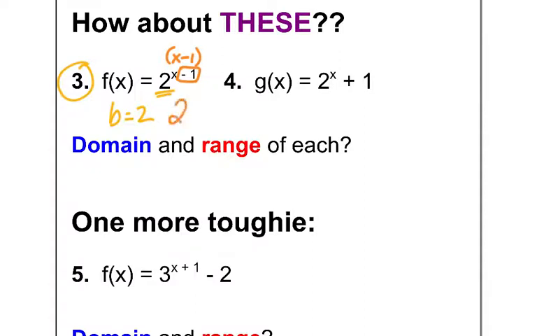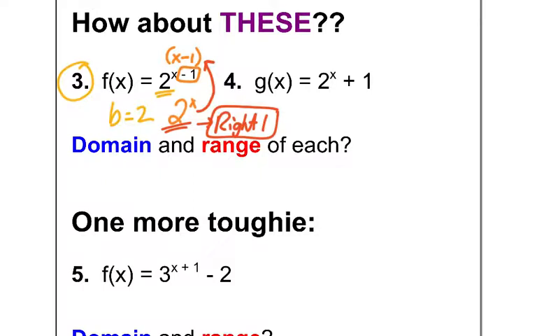If my original was 2 to the x, and now I have 2 to the x minus 1, that's a change along the x. And it's addition subtraction, so it's either a left or a right. Ooh, it's x minus 1. Can you figure it out? This is going to the right 1. So it's a 2 to the x graph that's moved to the right 1.